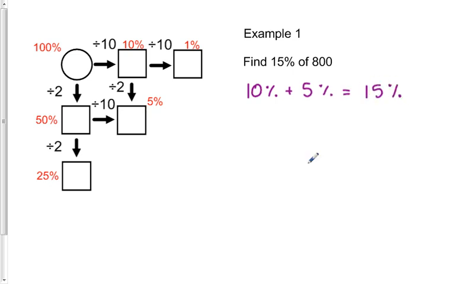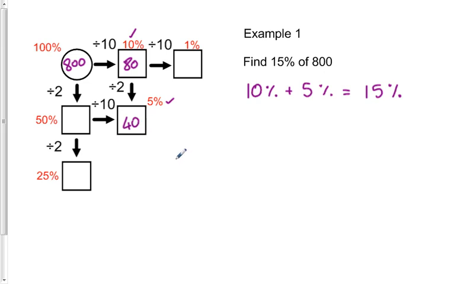Okay? So let's start with our diagram. We know we're going to need 10, we know we're going to need 5. So we'll start here in the 100% and put our 800 in. Now, to get across to 10, we need to divide by 10. 800 divided by 10 is 80. Now we're going to drop down into the 5% box. 80 divided by 2 is 40.